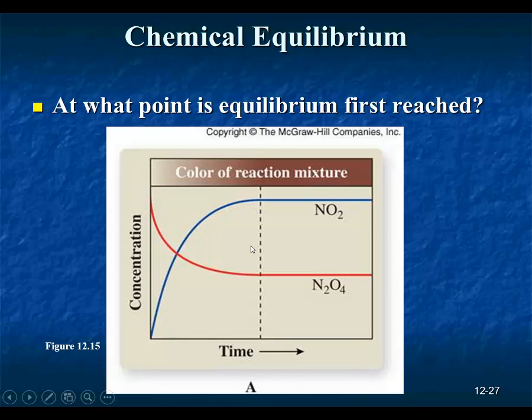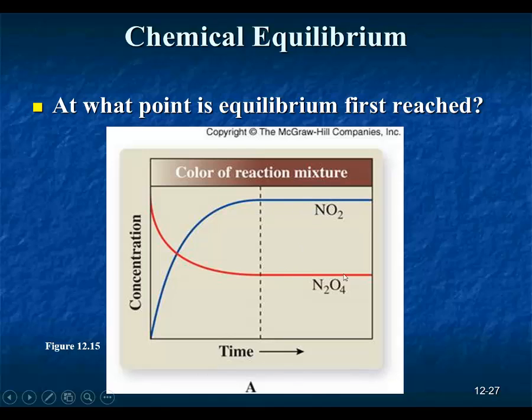and at some point we are consuming the dinitrogen tetroxide as quickly as we are also using nitrogen dioxide to go in the reverse reaction. At that point the concentration of reactants on the left hand side of the reversible reaction is being consumed as fast as we are forming the reactants from the reverse reaction, and so we see no net change in concentration.